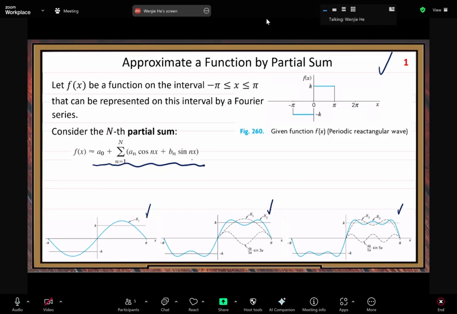You have the right-hand side function, and the left-hand side function is the original function. There is a difference. You can calculate the difference. The question is, do you want to use the difference to define the error part? Here, our first question is to figure out what is the best way to describe the error.